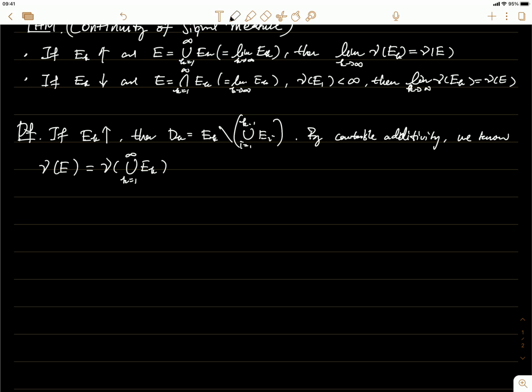Because of this. And due to the way we define this dk, we actually can rewrite this union as a disjoint union of the dk's.